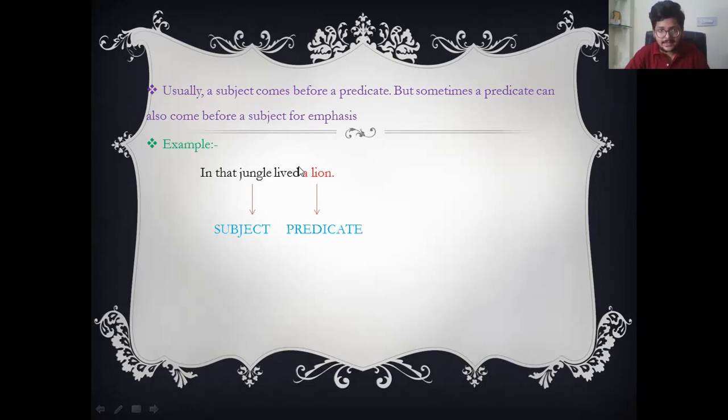Here emphasis is made on in that jungle. That is why the predicate is written first and the subject is written after the predicate. You can see the predicate written in black and the subject written in red.